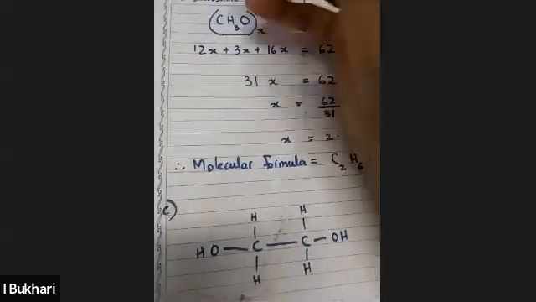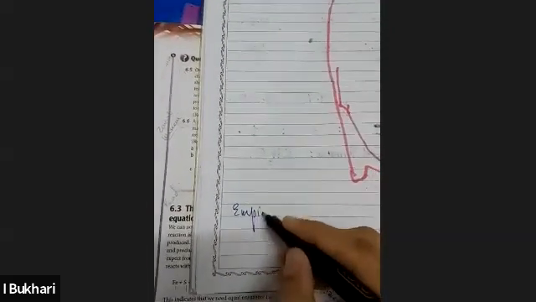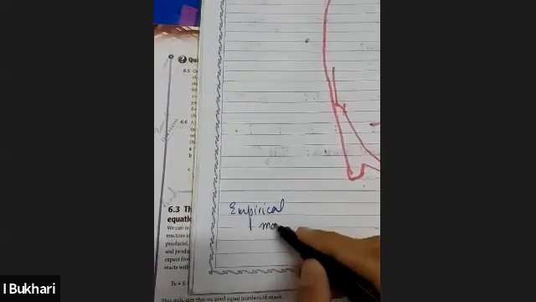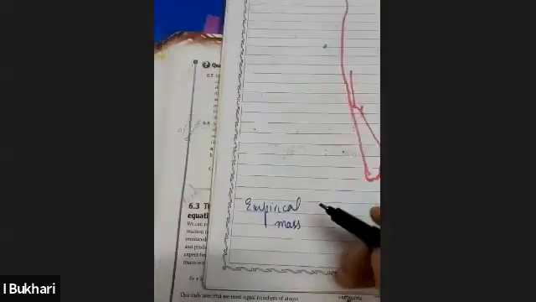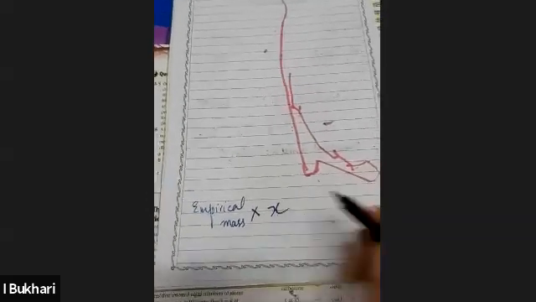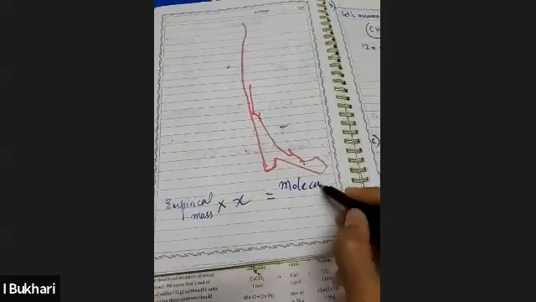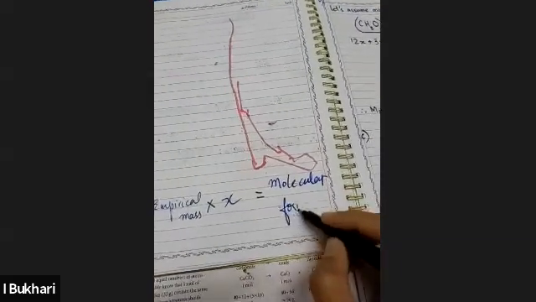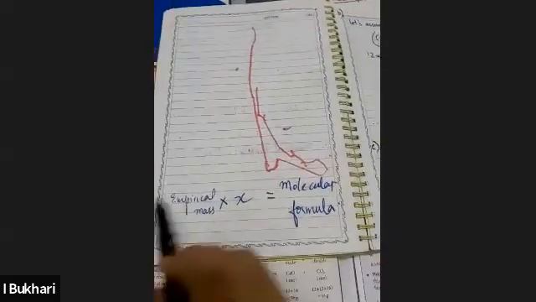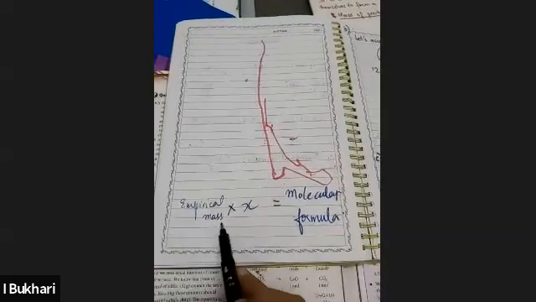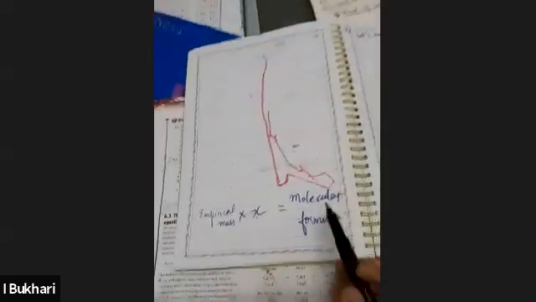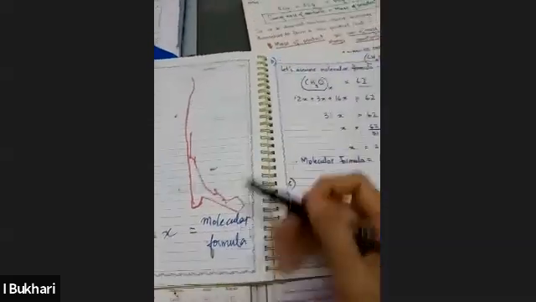Multiple means the mass that you get using the empirical formula, which is the empirical mass, multiplied by some number that we don't know, should give us the molecular mass.